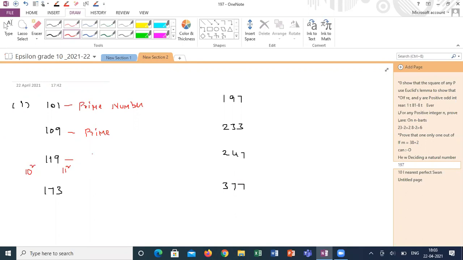Not ending with 0 or 5, so it can't be divisible by 5. So only 7 you have to check. It is divisible by 7, so it is a composite number. 7 times 17 is 119. So 7 is a prime and 17 is a factor for this. So this is not a prime.